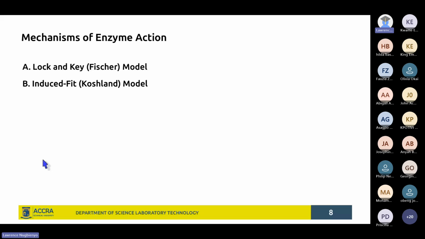We'll take a look at two major mechanisms. The first is what we refer to as the lock and key model, which is also referred to as the Fischer model. And the second is the induced-fit model, also referred to as the Koshland model.